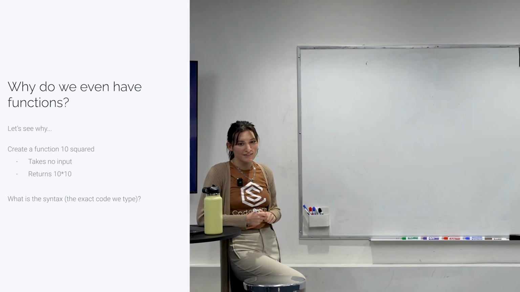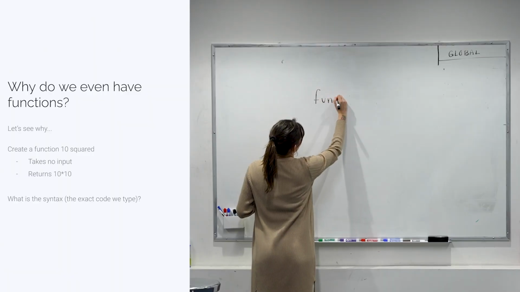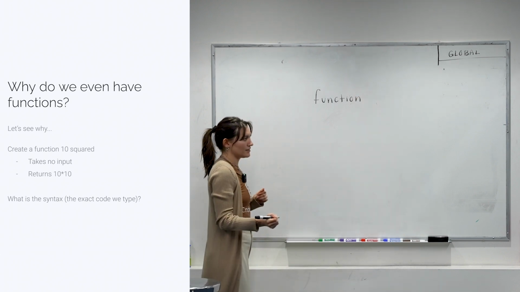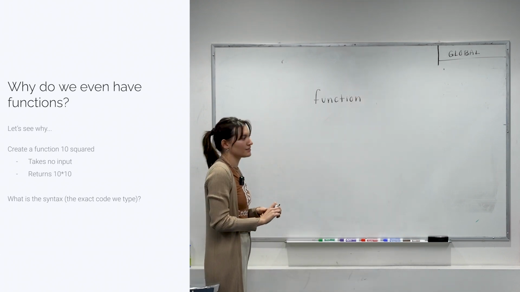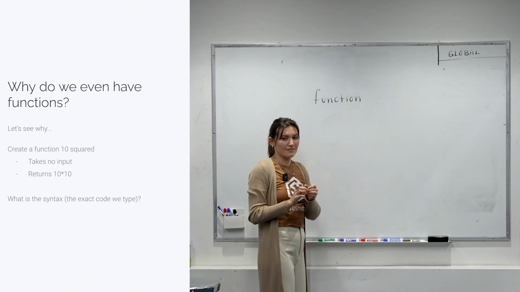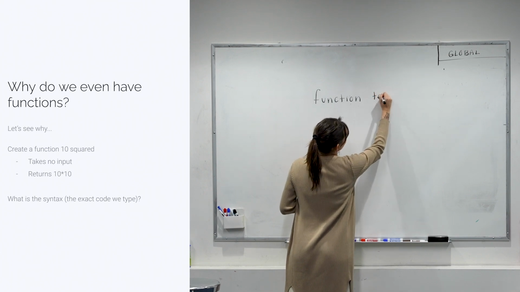Greg? What would I write on the board? You'll write function. Okay. Squared equals, I would say 10 squared. 10 squared, okay.